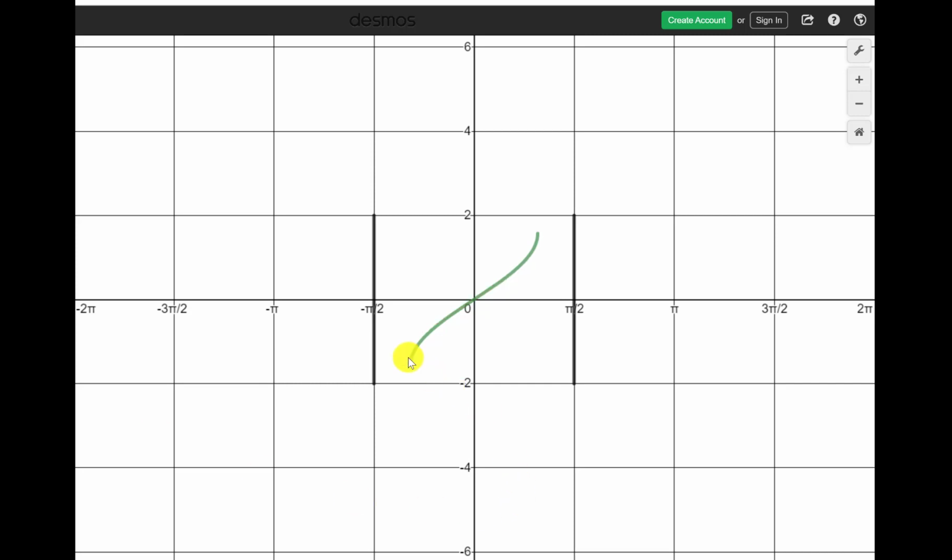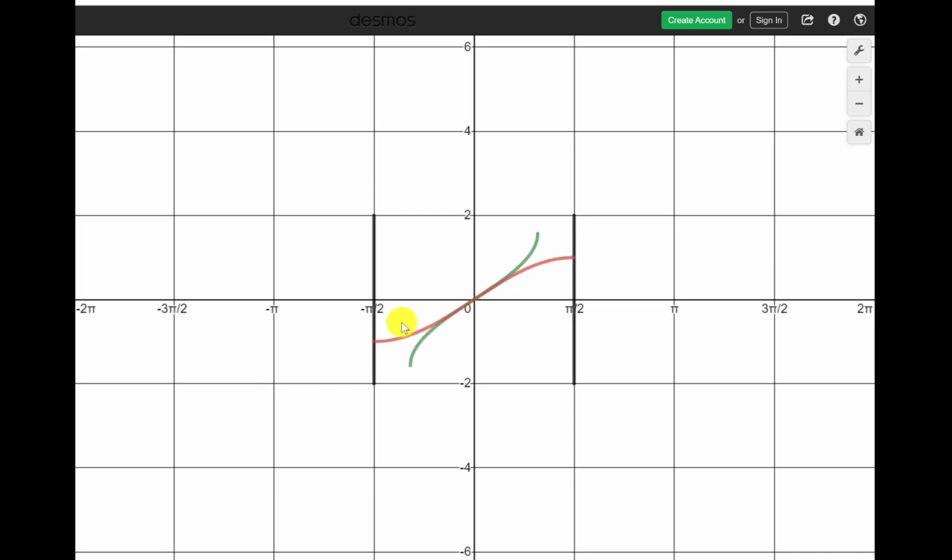So this is our inverse sine function. All of my y values from the original sine function have become all of the x values in the inverse sine function.